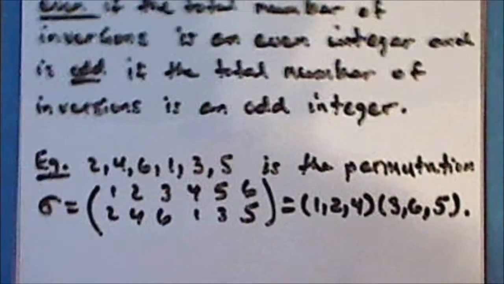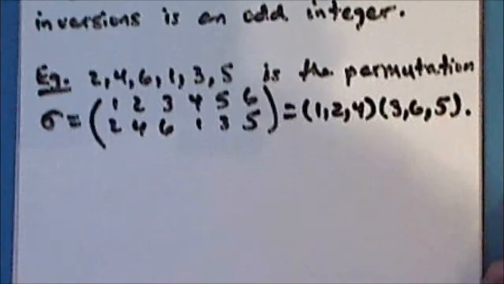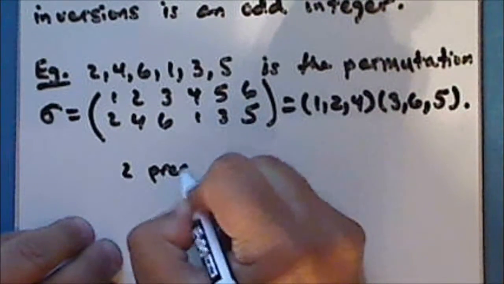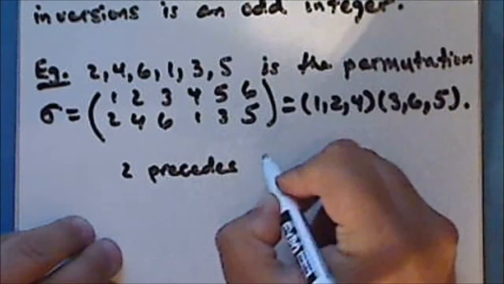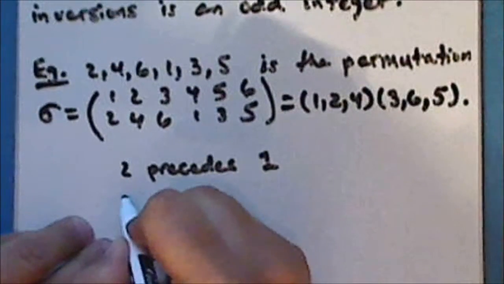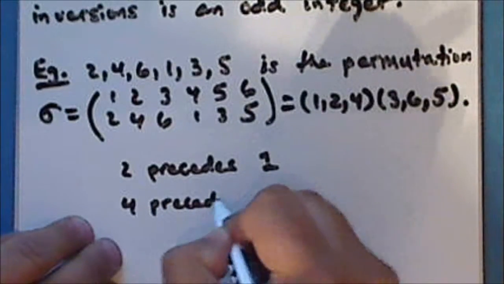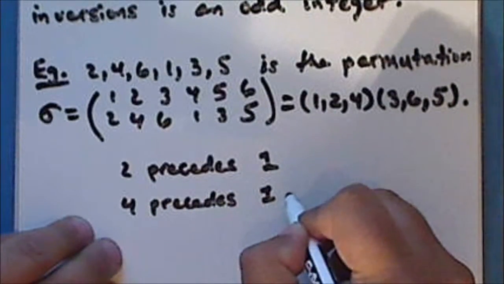Let's now compare this to the total number of inversions. The integer 2 precedes the integer 1. The integer 4 precedes 1 and 3.